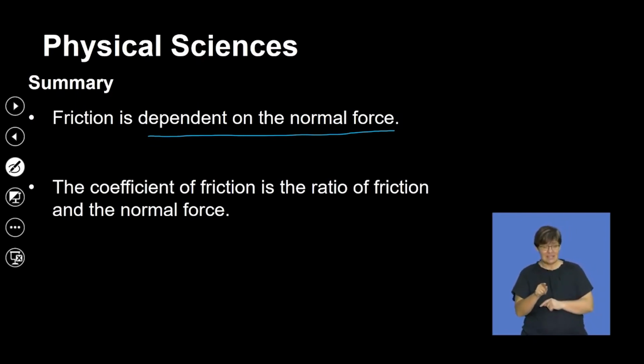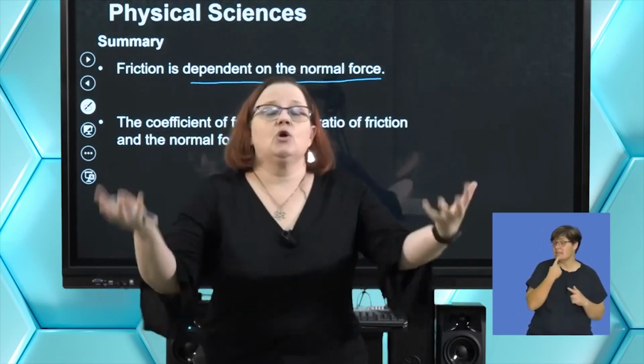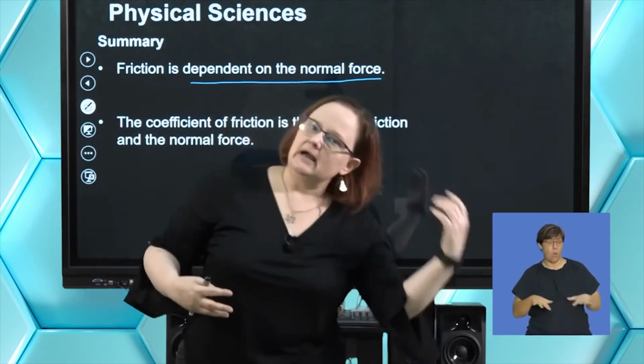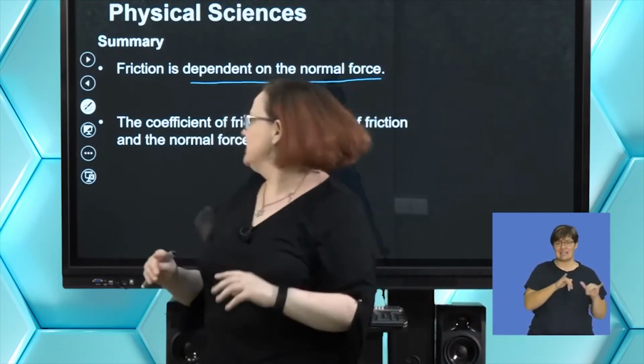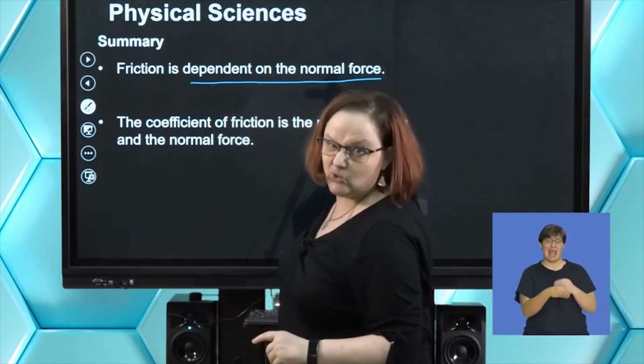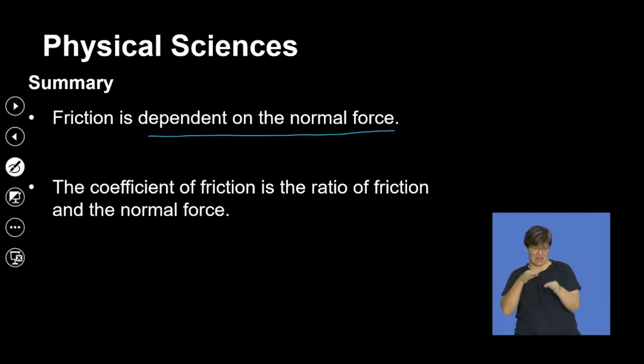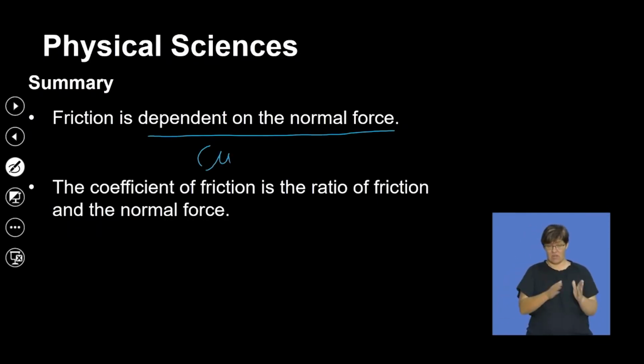The coefficient of friction, now this is a definition. This is the weird one when it comes to your exams because they may say to you, what is the coefficient of friction in general? Or they might say kinetic friction or static friction. You've just then got to add in static or kinetic in the definition. So the coefficient of friction, which is the symbol mu, and we either put an S or a K, is the ratio of the friction and the normal force. Ratio means division.